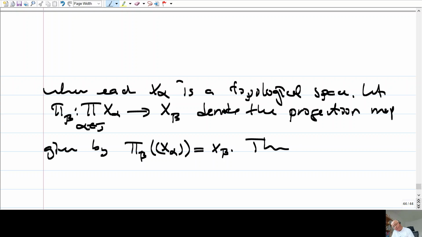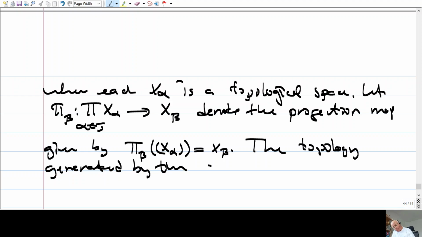Then, okay, the topology generated by the sub-basis.